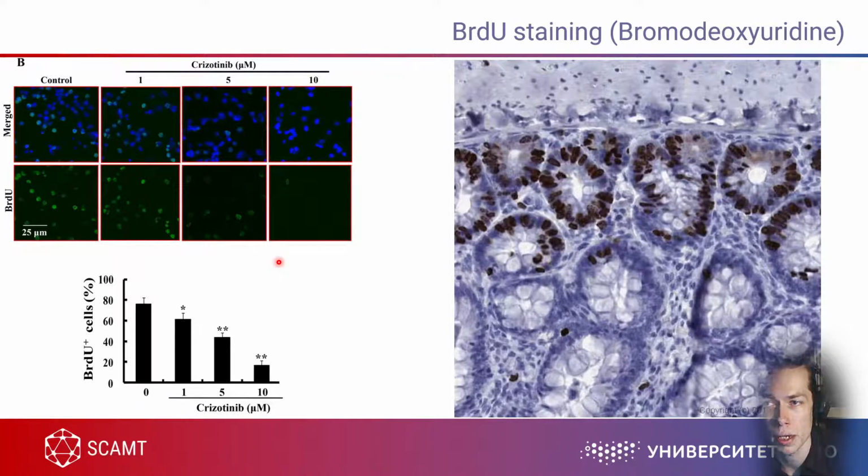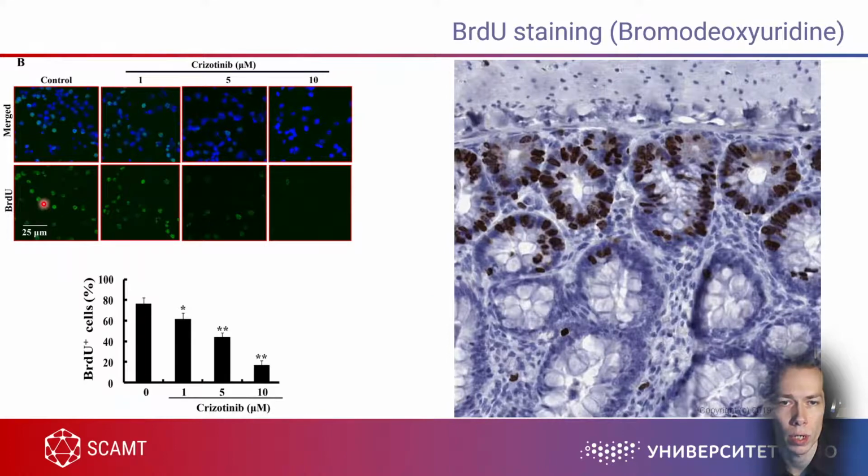So BrdU staining, bromodeoxyuridine, can be used as a natural substitution to one of the nucleotide bases, and because of this, this molecule can intercalate in the structure of DNA of dividing cells. So if you have dividing cells, they will be stained in green.